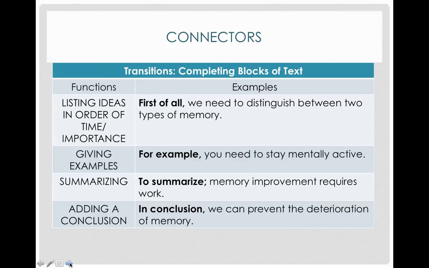These are connectors that we use to complete blocks of text, to introduce paragraphs when you're writing an essay. First of all, this is when I'm beginning to list things and I have the first one in the list. For example, for giving examples. To summarize, at the end when I'm summarizing, I use that.